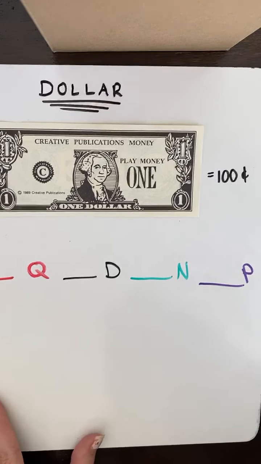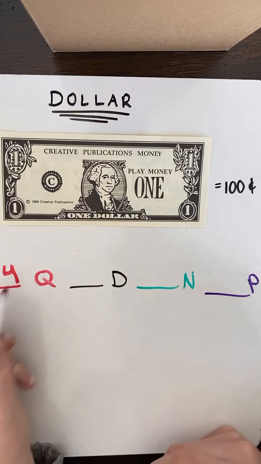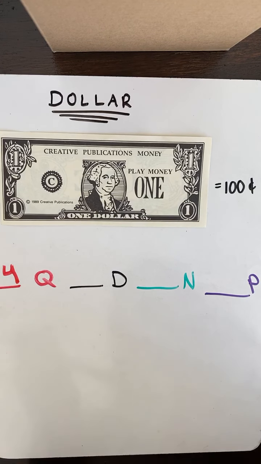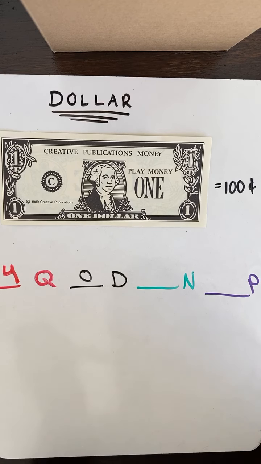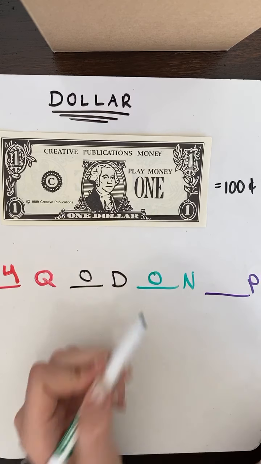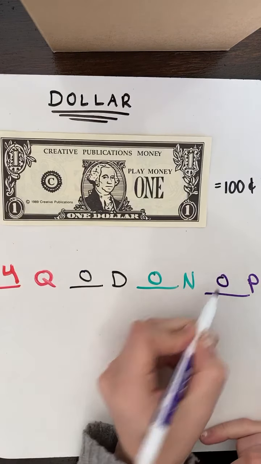I could do something super easy. I could say just 4 quarters and 0 dimes and 0 nickels and 0 pennies equals $1. That's an easy one.